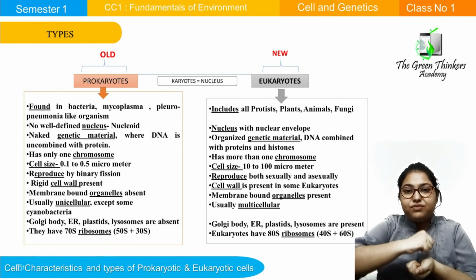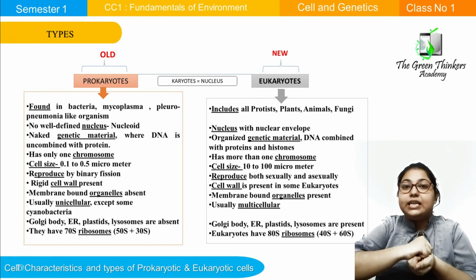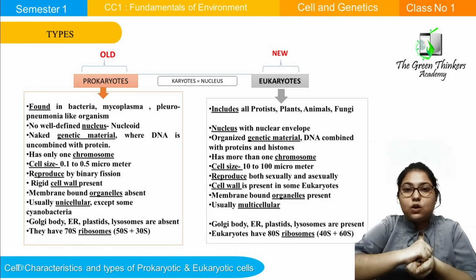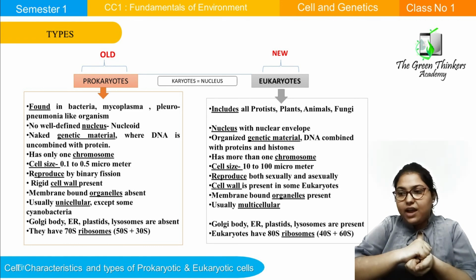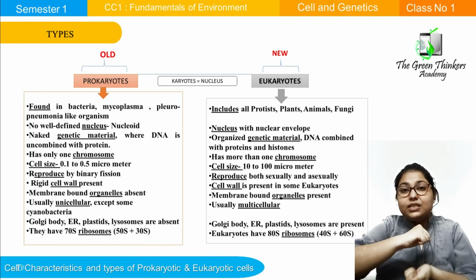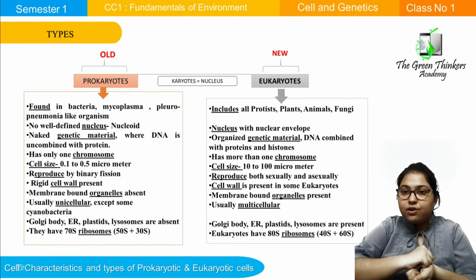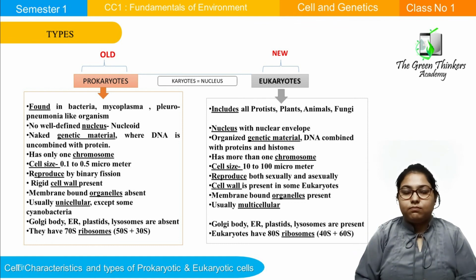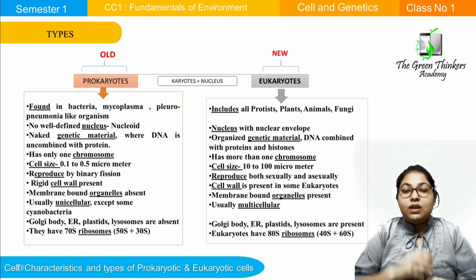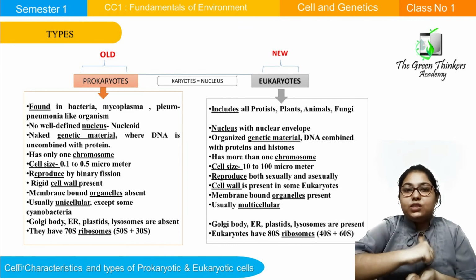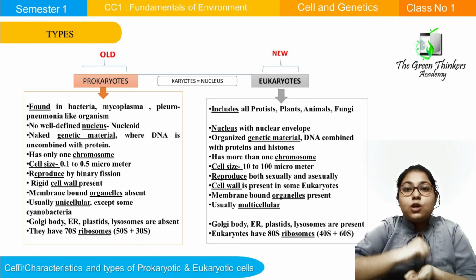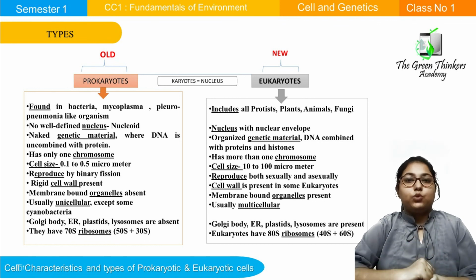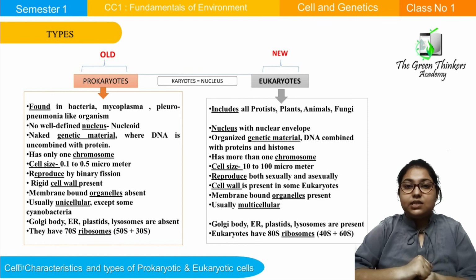Now one unit is 50S and the other is 30S. Though 50 plus 30 is 80, together this becomes 70S in prokaryotes. For the eukaryotes, one unit is 40S and the other unit is 60S. Though 40 plus 60 is 100, together in eukaryotes it is 80S.